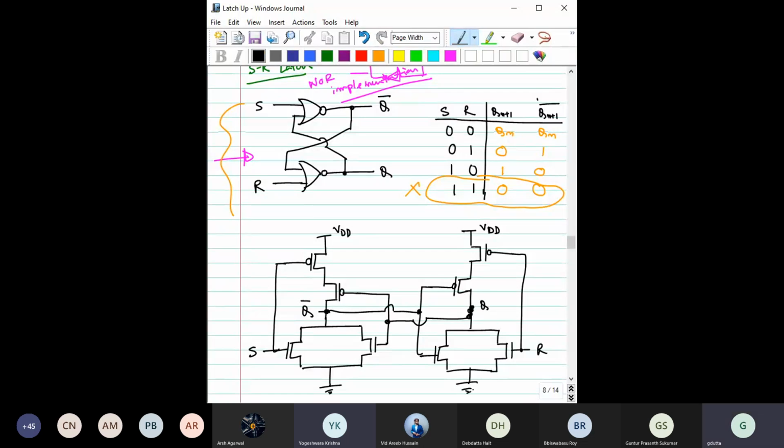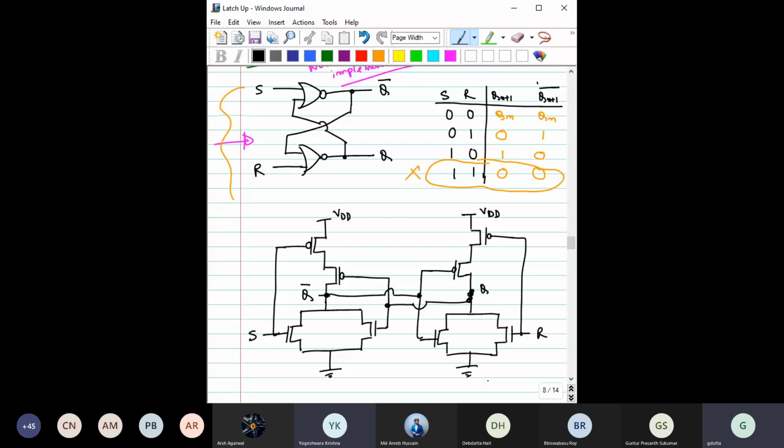So here would be this. This is the NOR gate, the two-input NOR gate. For this NOR gate, one of the inputs is S, and the other input is this Q. You see this is Q, the other input.